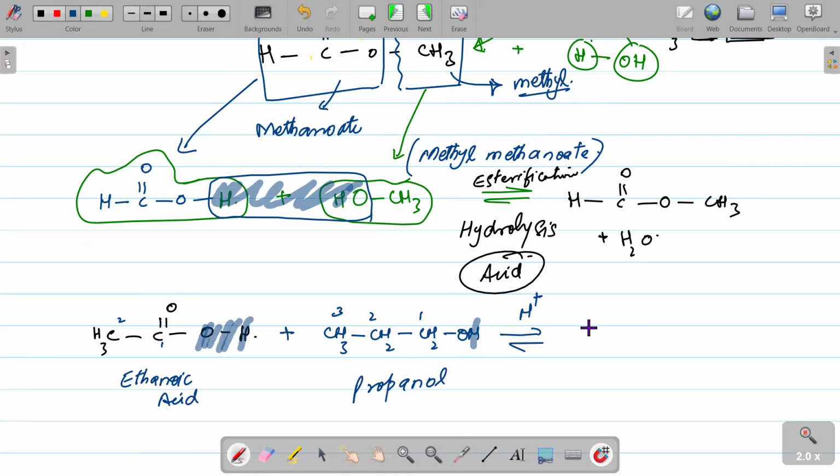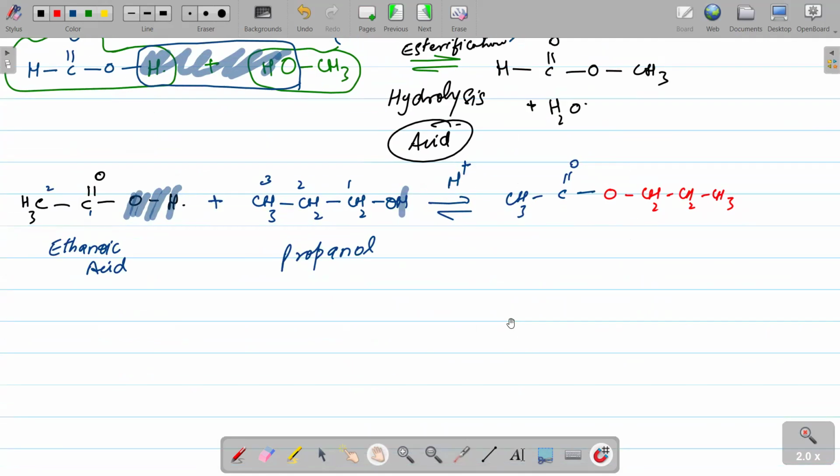Okay, now what will be the formula of my ester here? That will be CH3, C double bond O, and then came this part of alcohol, which is O, CH2, CH2, and CH3. Now, I want to name this ester.